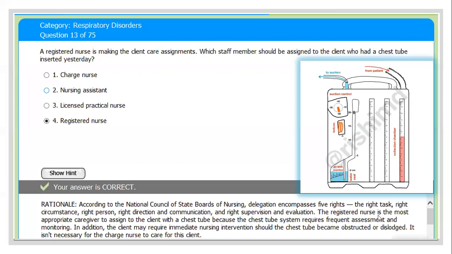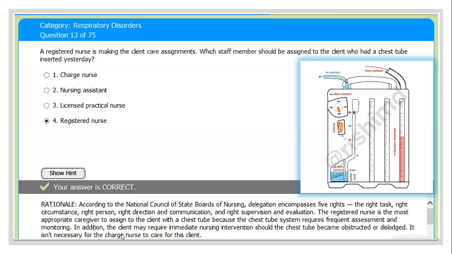The registered nurse is the most appropriate caregiver to assign to the client with a chest tube because the chest tube system requires frequent assessment and monitoring.